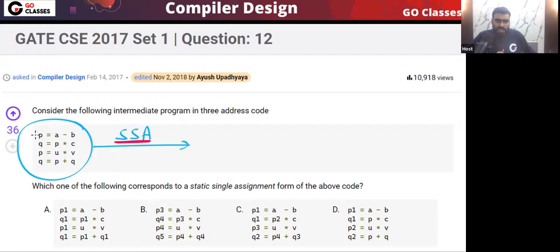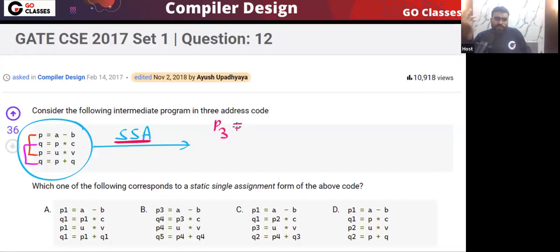If you are assigning more than once, then just give different names. Use renaming, use fresh variables for assignment. Very simple. I can call it P3, there is no problem. I can call it P1 also. You can call it whatever you want.